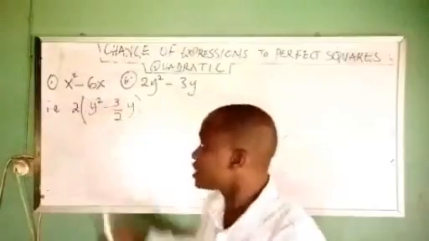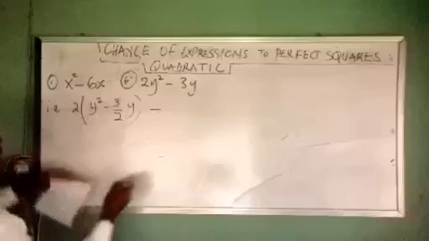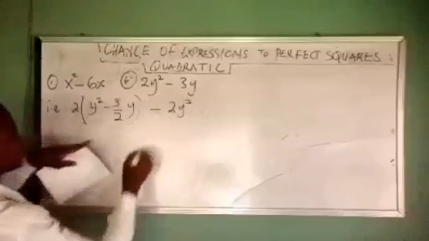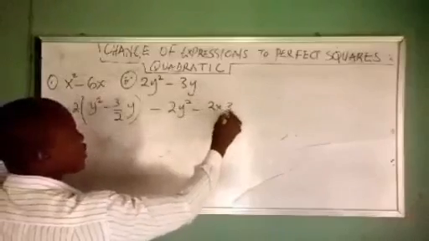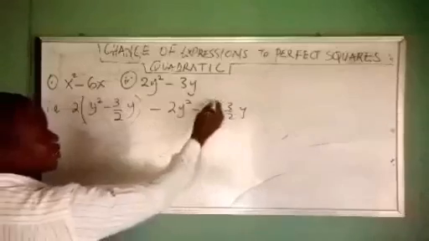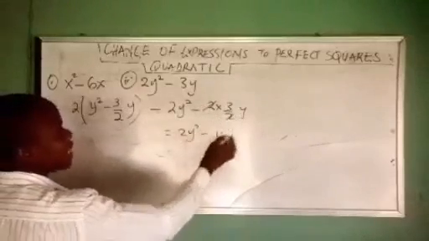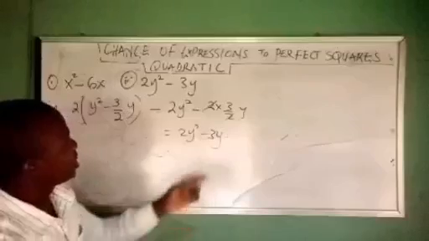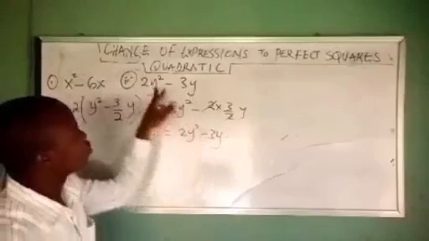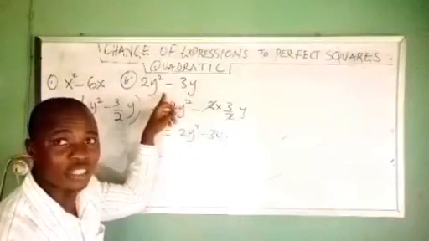If you open this bracket back, we have 2y squared minus 2 times 3 over 2 y. The 2 cancels the 2 here, and you are left with 2y squared minus 3y, which took us back to the expression given to us.